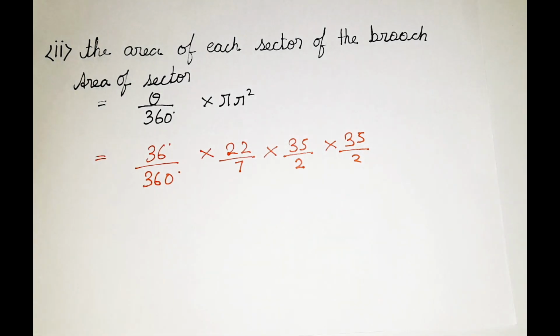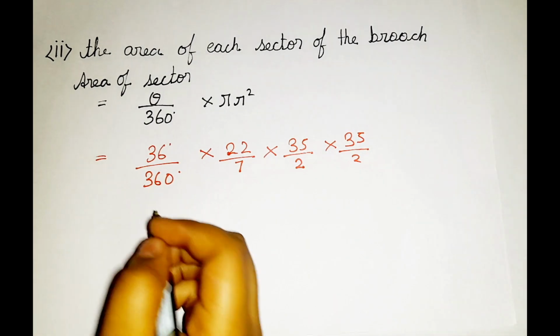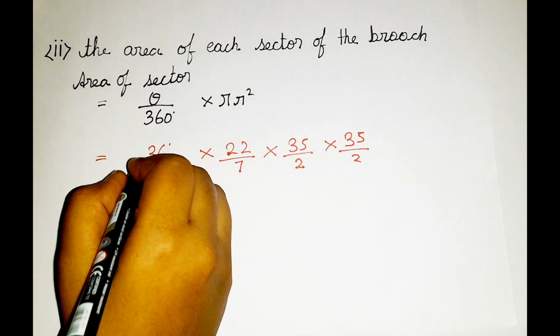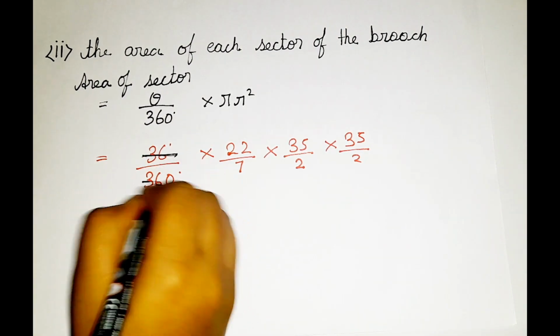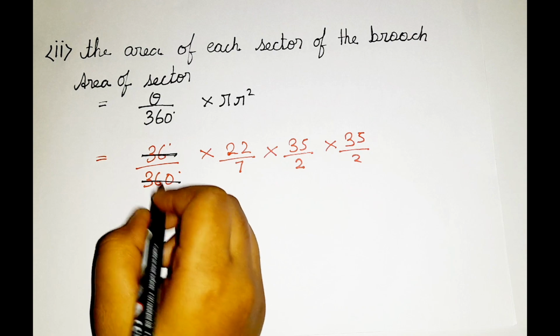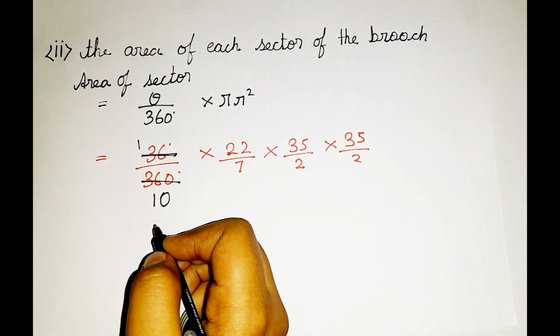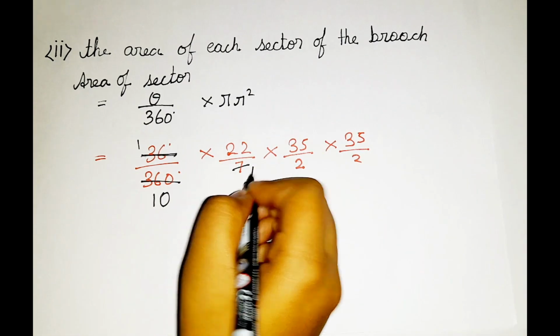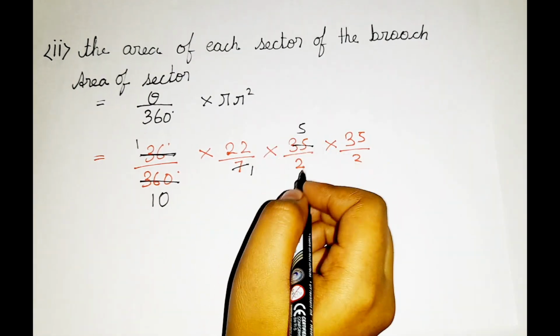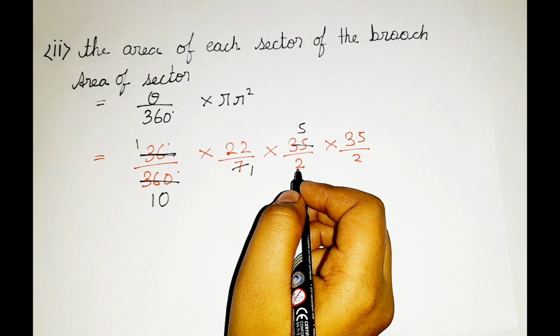Okay guys, now we substitute the values. We can cancel this 36 and 36. 1 36 is 36, 1 36 is 36. We have the 0, let us write it as it is. 1 7 is 7, 7 5s are 35.